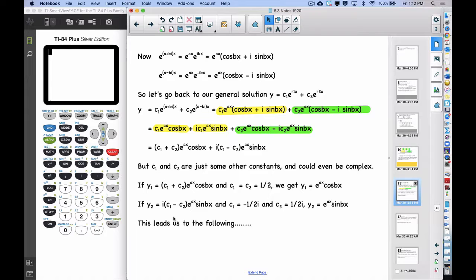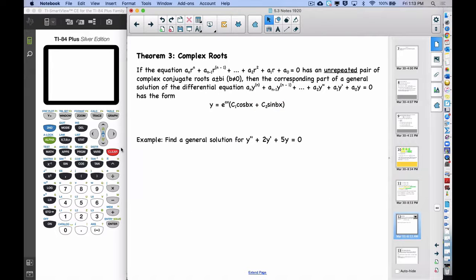Well, negative i times i is negative i squared, which is really the opposite of -1, which is 1. And so depending on what those constants end up being, we can actually get a little bit simpler version. So our theorem that I'm going to show you is all based on this and what might happen.